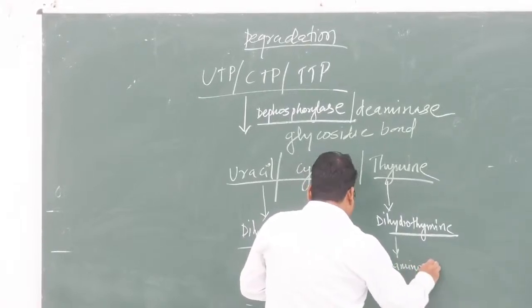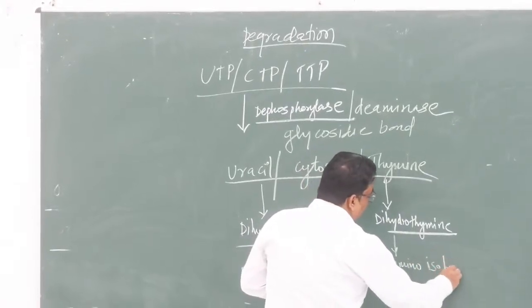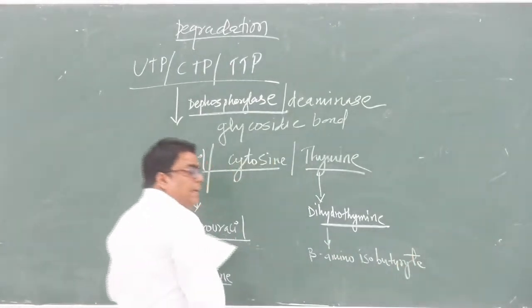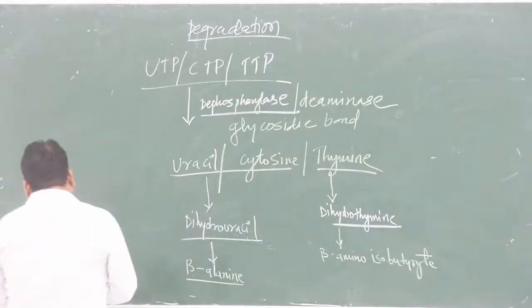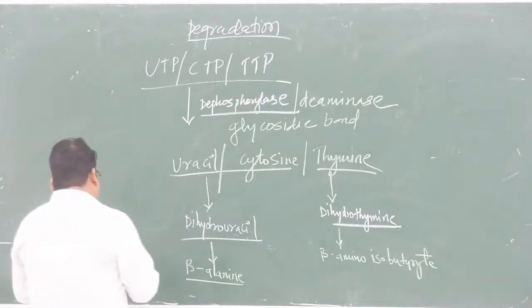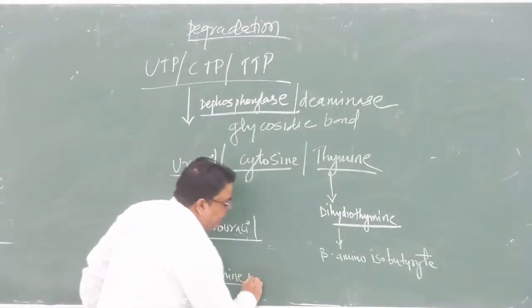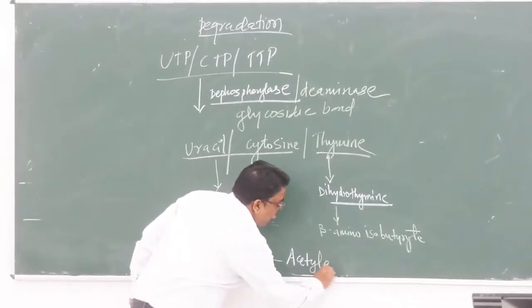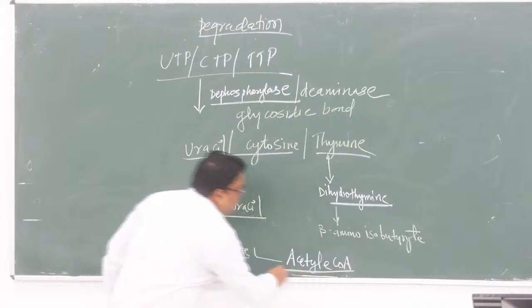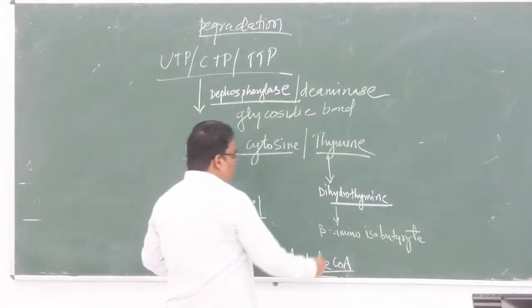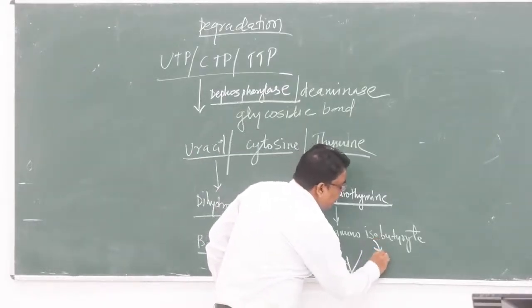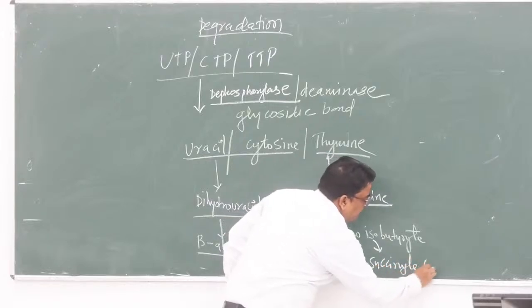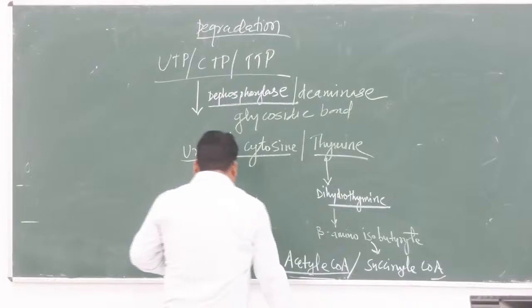Amino beta hydroxy... right? And these isobutyrate can form succinyl CoA.